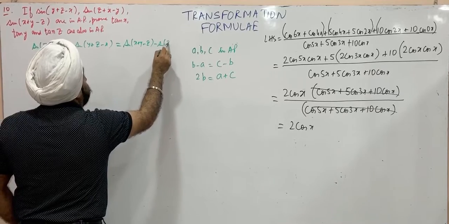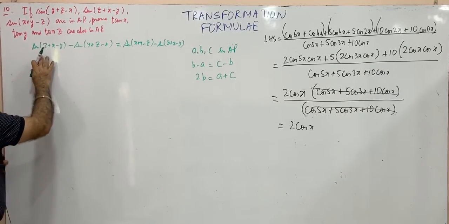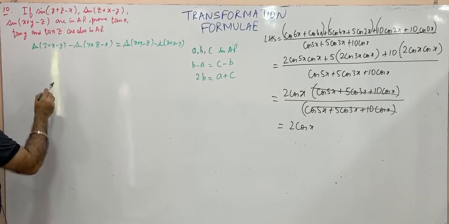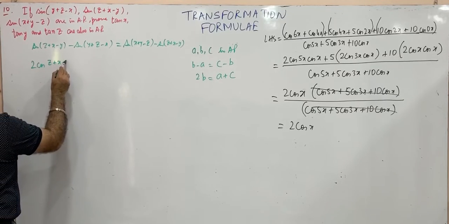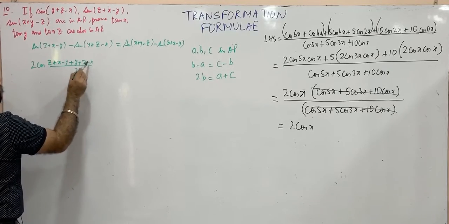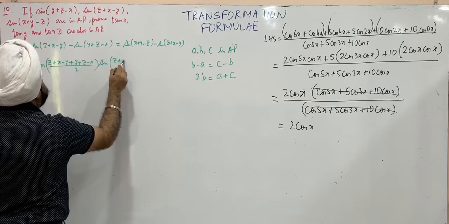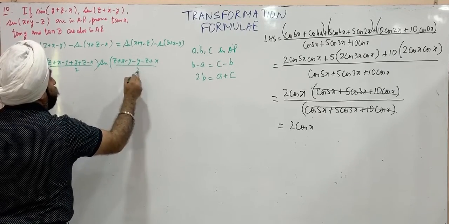minus this is sine z plus x minus y. Now this is sine C minus sine D. This is also of the form sine C minus sine D. This is 2 cos sum of angles upon 2 into sine of difference of angles upon 2.